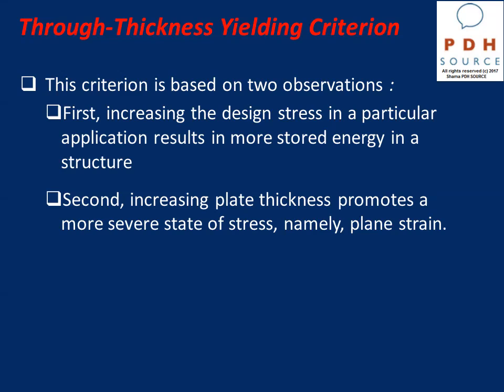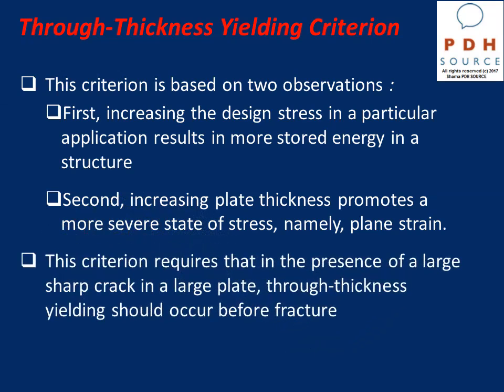And in general, as the plate thickness decreases, the state of stress changes from plane strain to plane stress. So this criterion requires that in the presence of a large sharp crack in a large plate, through thickness yielding should occur before fracture.